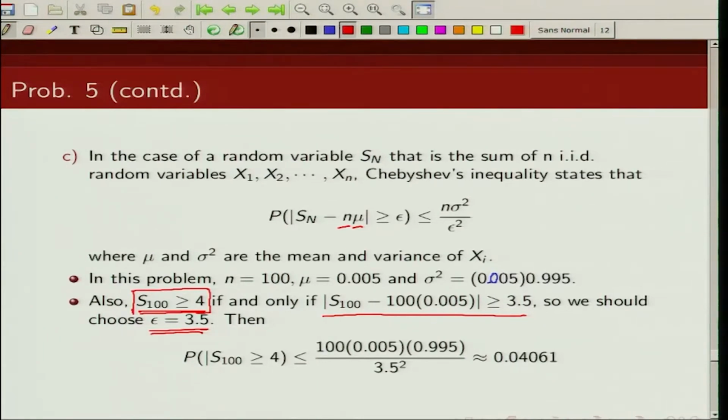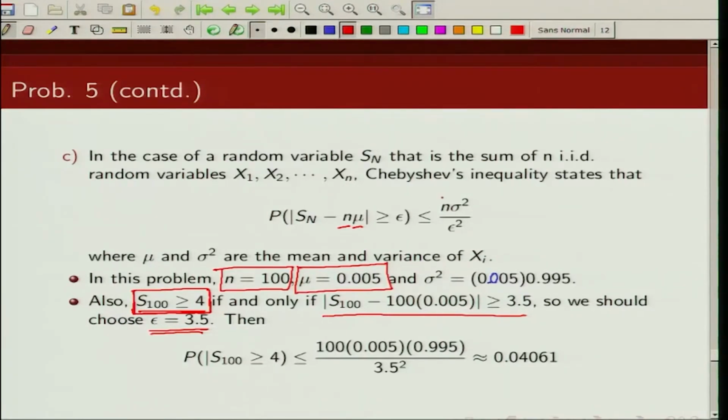So in this particular case our epsilon should be chosen as 3.5 for the given n, and this mu is the mean number of ones, which is 0.005. So if we choose epsilon to be 3.5, we get the condition that the sum of these 100 bits has more than 3 ones.